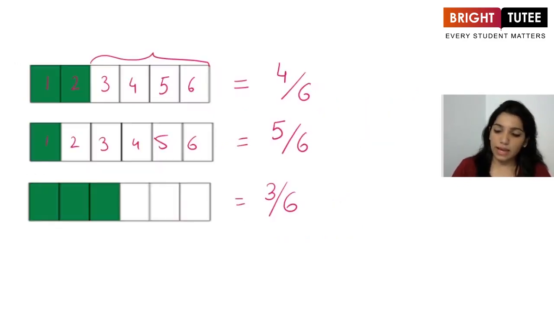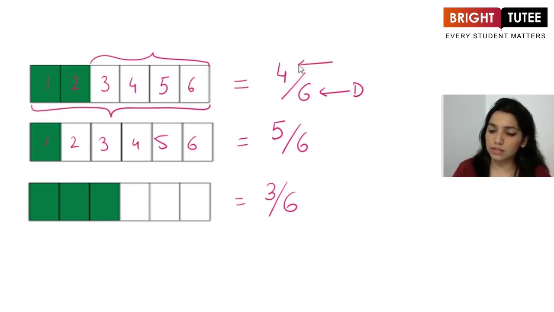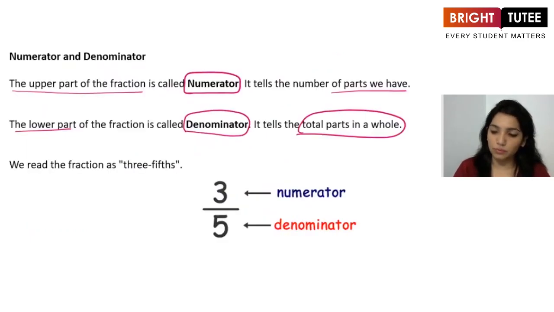Look here. Every time this particular denominator, let us write it with a capital T, it is showing what is the total part, and this here numerator I am writing with capital N, it shows what part do we need, what are we talking about, right?